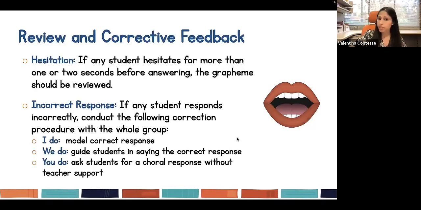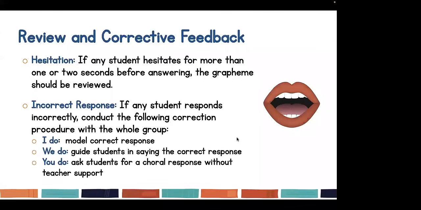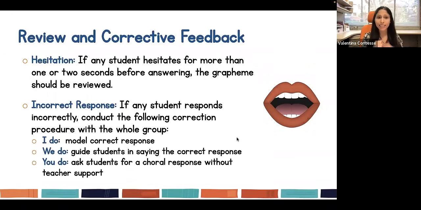So for example, if students say A says ah, and that is correct, but we want them to make sure that they are making that sound continuous, we would say, close, watch me, A spells ah. Let's try together. A spells. Now you try it without me, and have the students try it on their own without that teacher support.